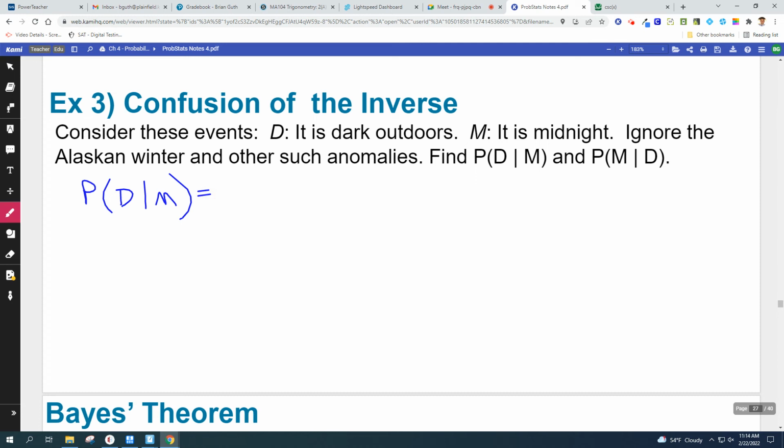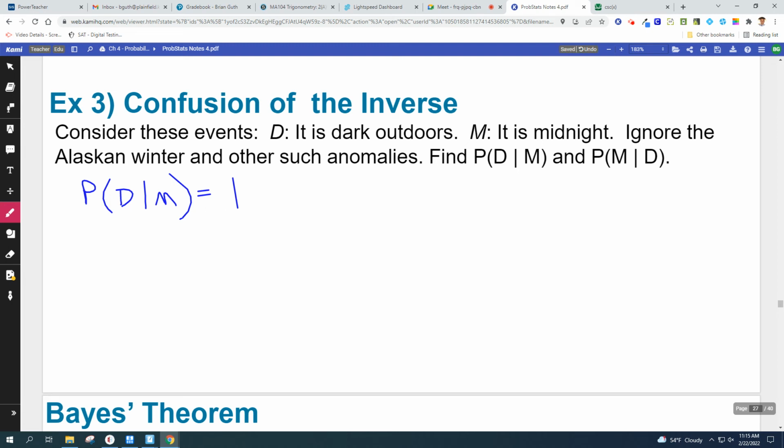It says ignore weird things that could happen, like the Alaskan winter or some weird anomaly like a solar flare or a comet or asteroid or a fire. In general, yeah, it's dark. If it's midnight, we know it's dark. Dark given midnight is 1. Any given night, if it's midnight, you would expect it to be dark.